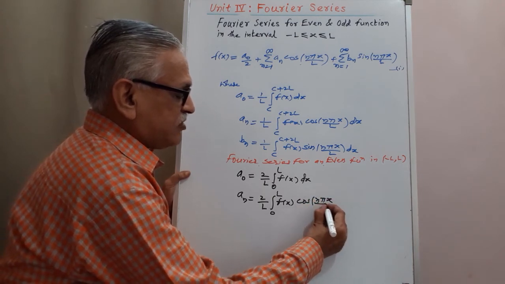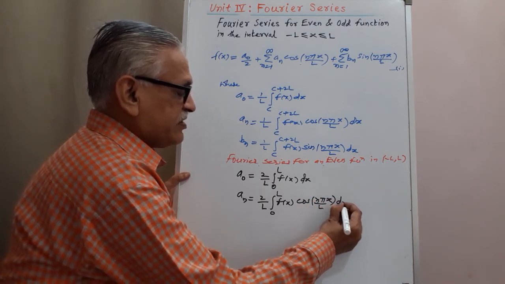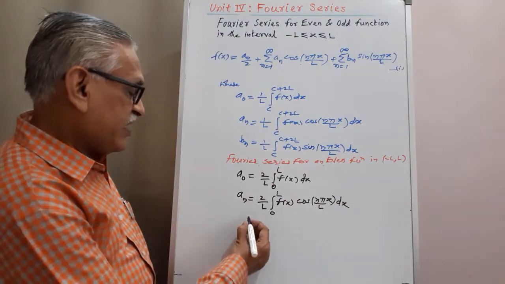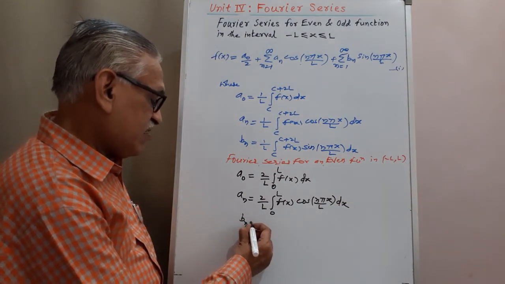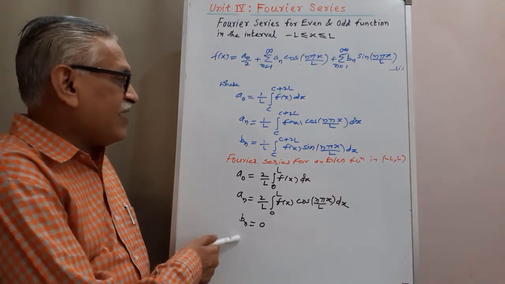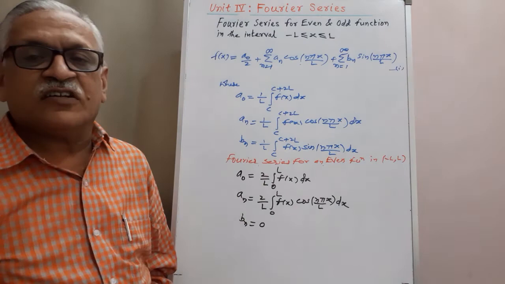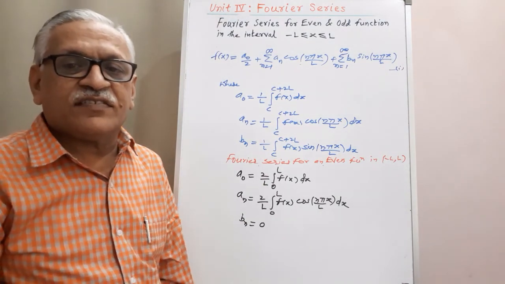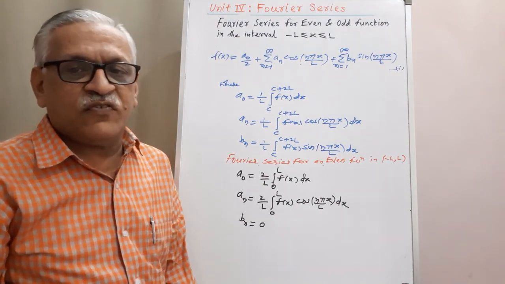Therefore, if we put the values here in equation 1, whatever result we get is the Fourier series for an even function.